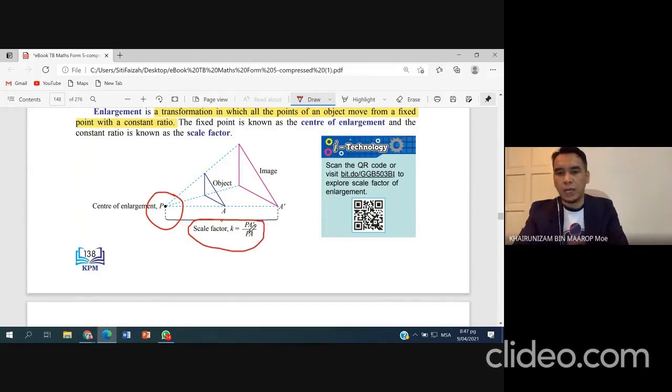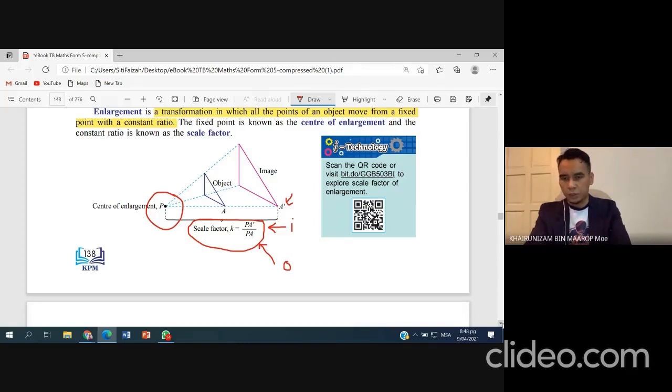Where PA', if you look at PA', means from the center, PA' divided by PA. The mark on PA' is called prime. The PA' is the image. So the one on top is the image, and the one below is the object.